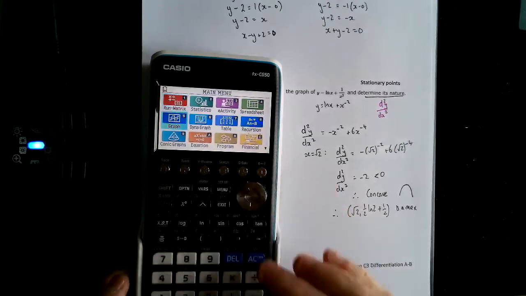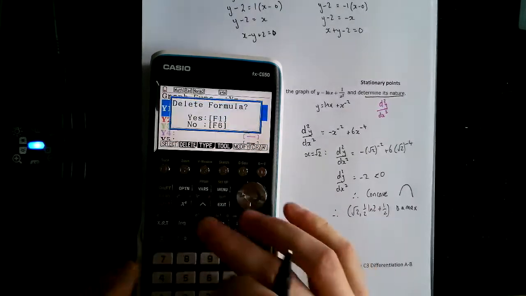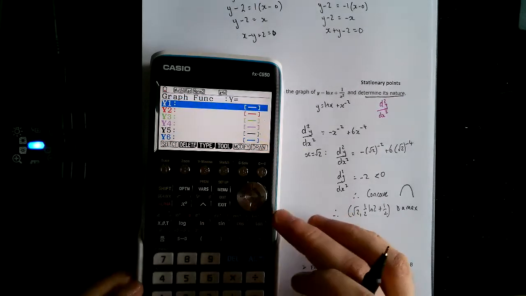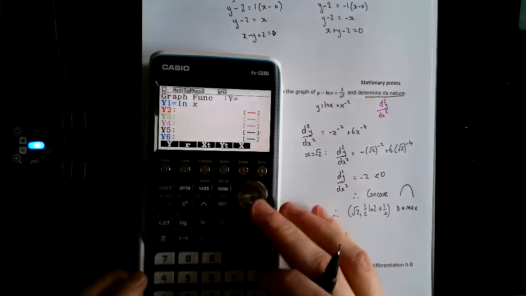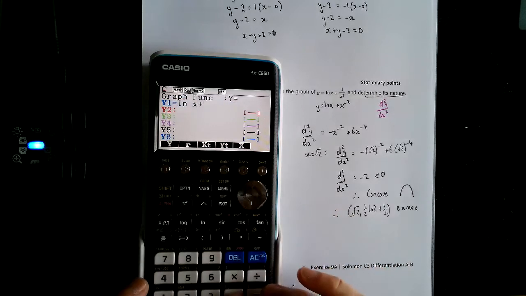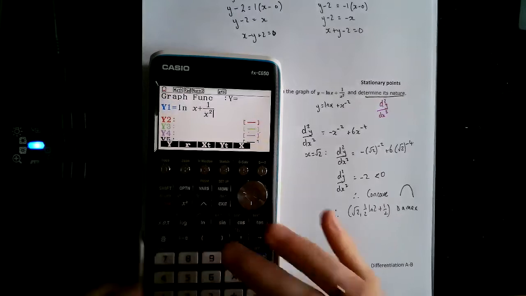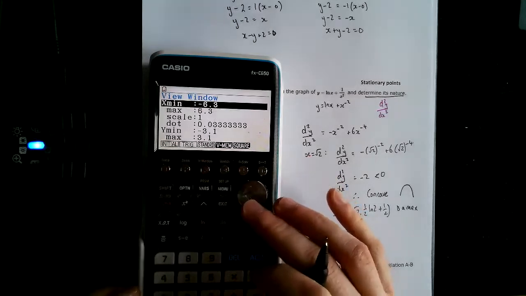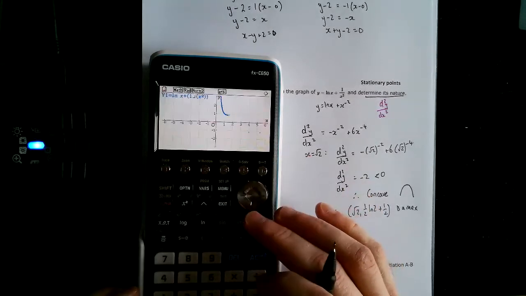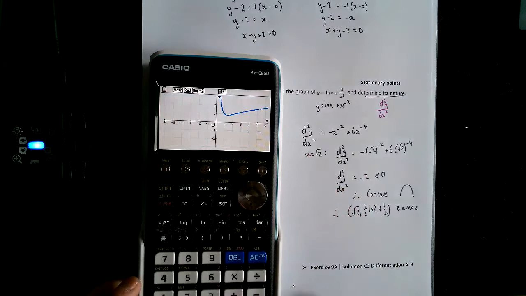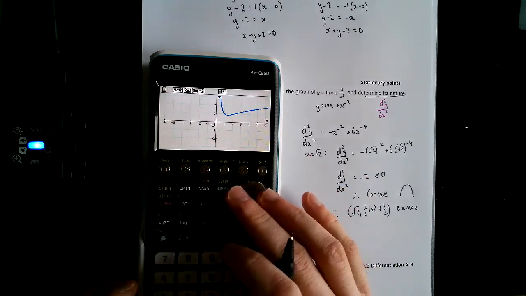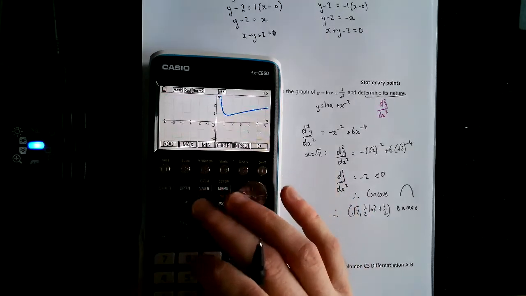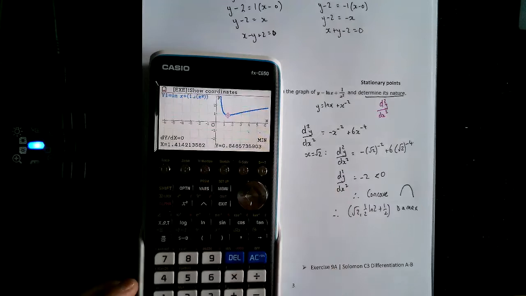I'm just going to double check by typing that into my graph. So it was ln x plus 1 over x squared. Change the window to initial, draw it, and it's a minimum.